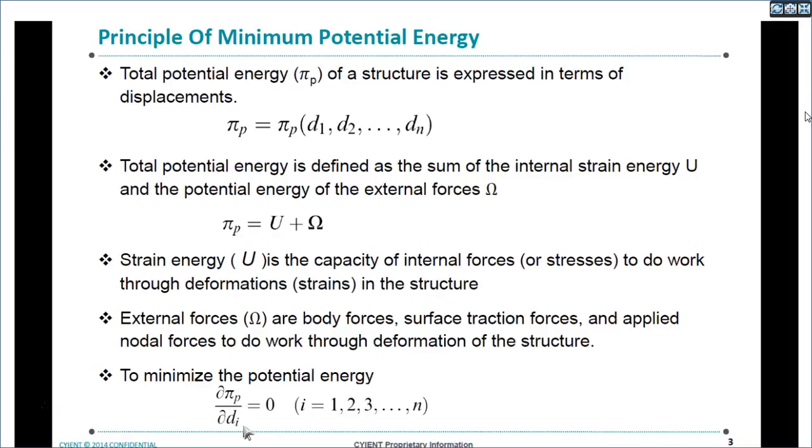If you see the plot of potential energy versus deflection, we have a potential energy function with respect to deflection. If we want to get the minimum value, as we studied in theory, we need to differentiate with respect to it.